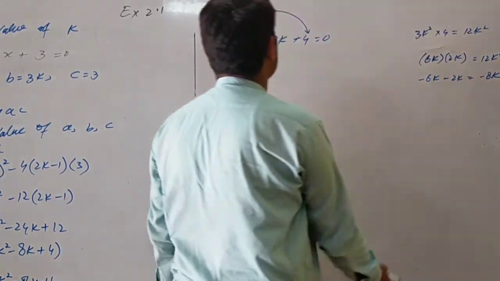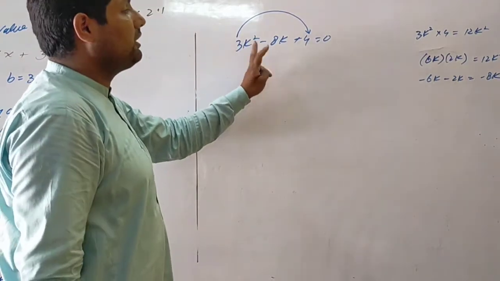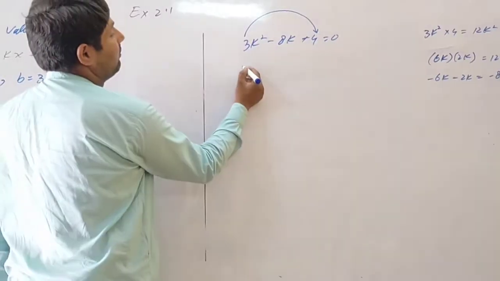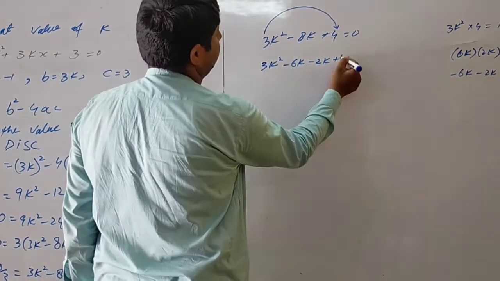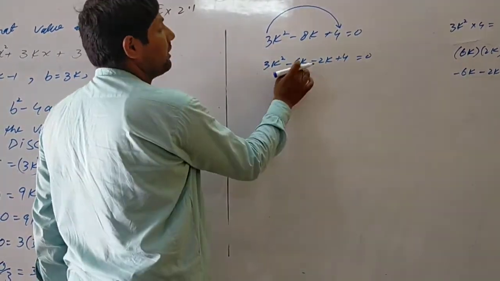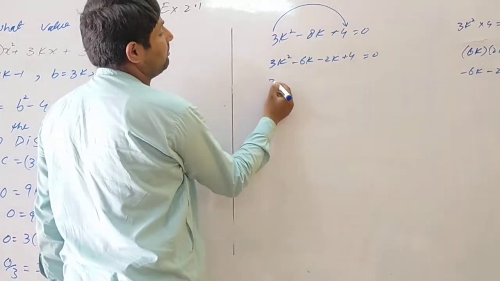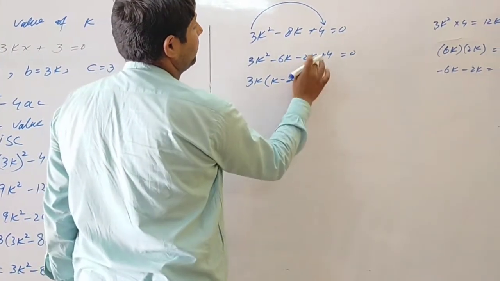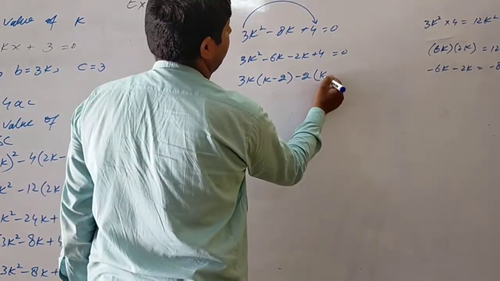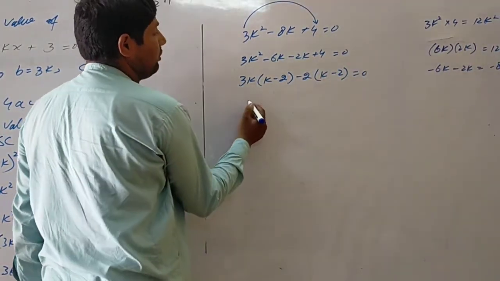Put the factors: 3k square minus 6k minus 2k plus 4 is equal to 0. Take common from the first two terms: 3k is common, k minus 2. From the next two terms, minus 2 is common, k minus 2.